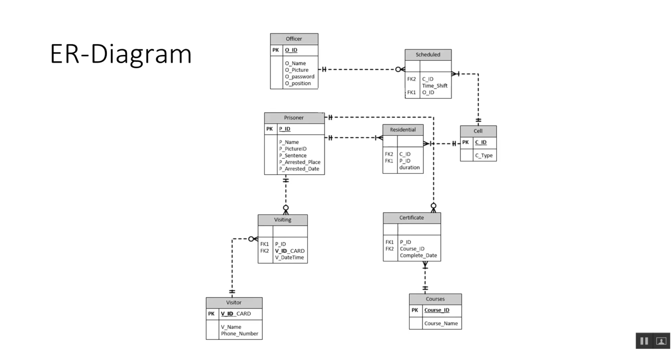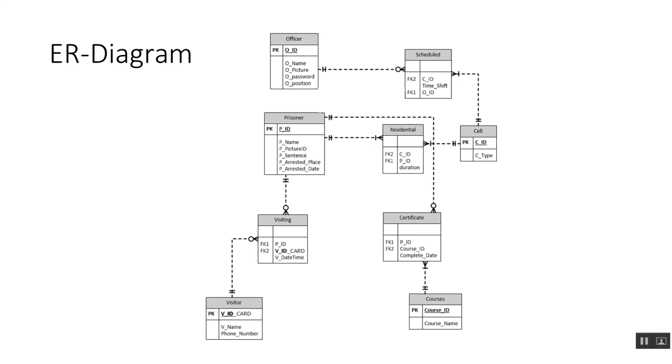This is the diagram of the prisoner data management system. The biggest scope of this system is the prisoner information. Prisoner table has a PID as a primary key, and the prisoner has the name, picture ID, sentence, arrested place and date. Prisoner lives in many cells.